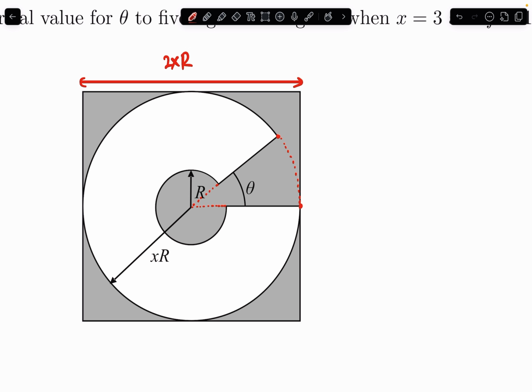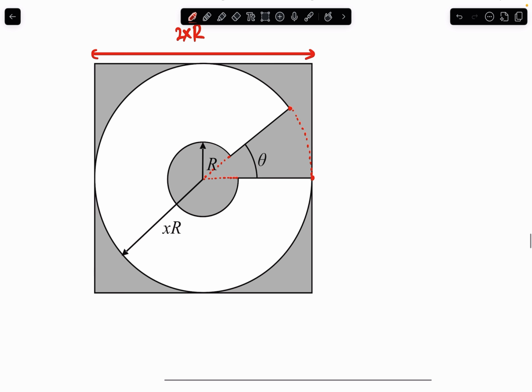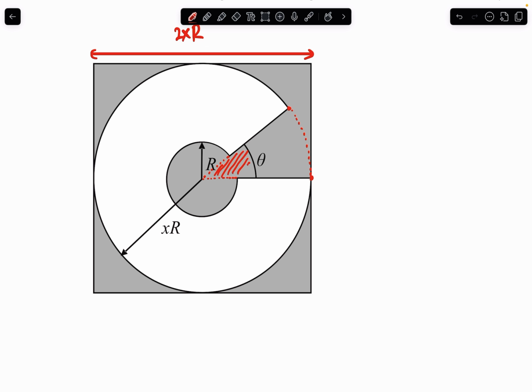And there are many ways to go about this question. Today I'm going to show you just one, and as I've said, there are numerous ways you can explore this question. But what I'm going to do is this: this area right here is one sector, and the remaining part is the other sector. So because the full angle is 2 pi, when I subtract theta from 2 pi, this gives me the angle of the remaining sector, the white one.